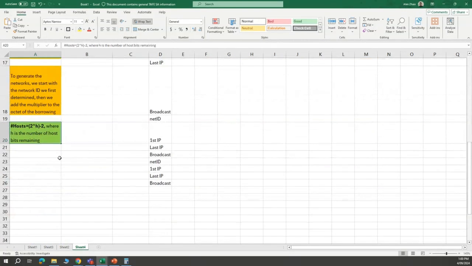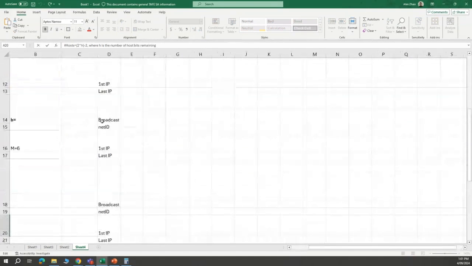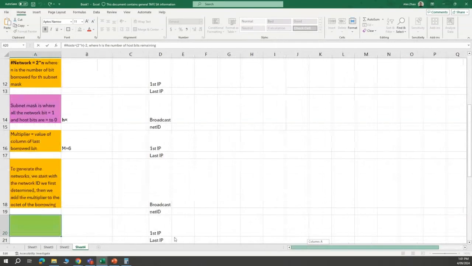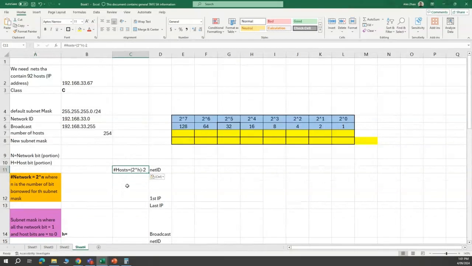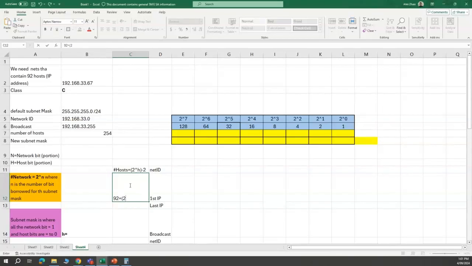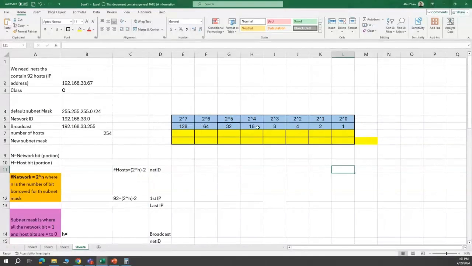So obviously, if it's number of hosts, we take this formula and we work from here. We put it in here, and we substitute what we know: 92 equals (2 to the power of h minus 2). Nothing's really going to fit 92 exactly, but we need at least 92.